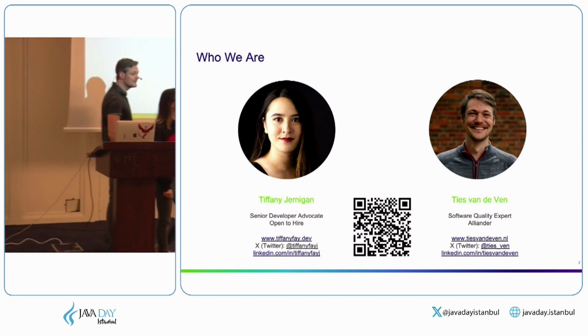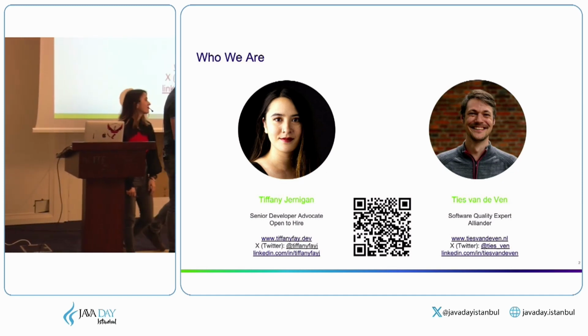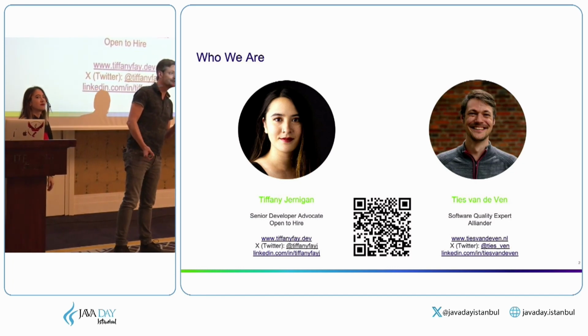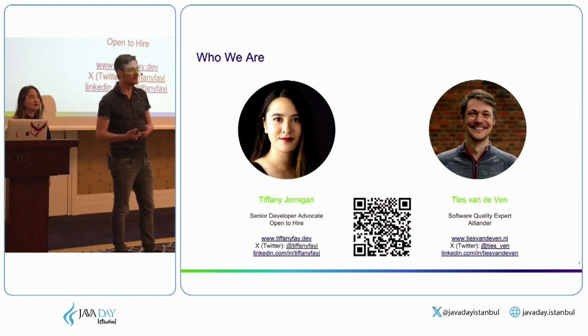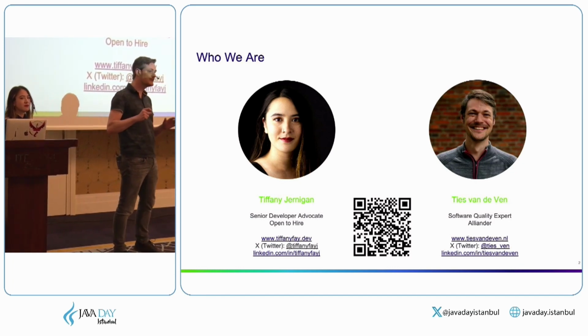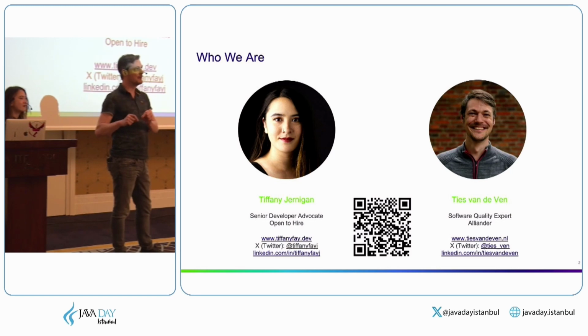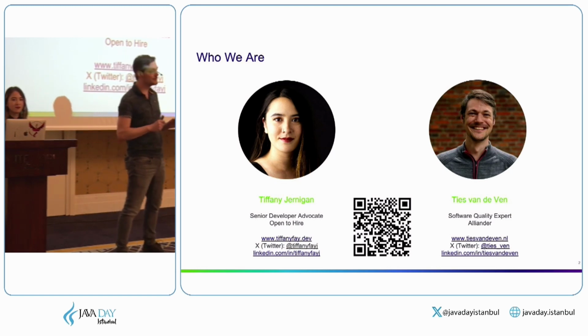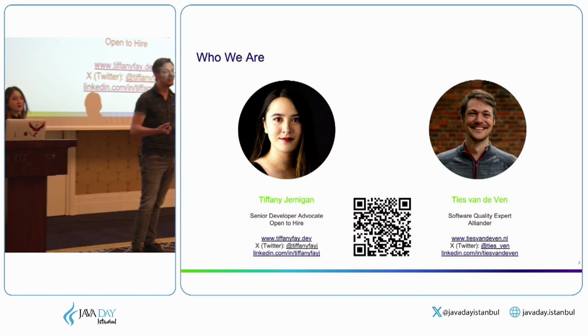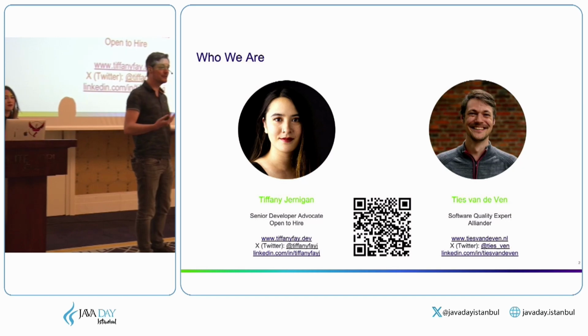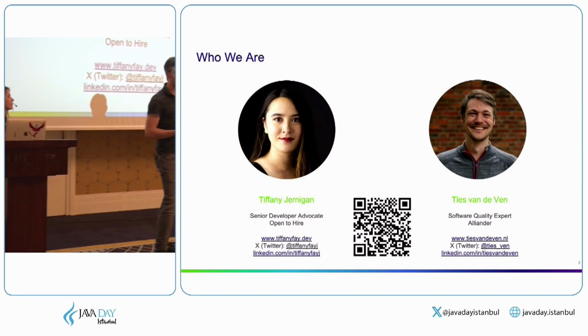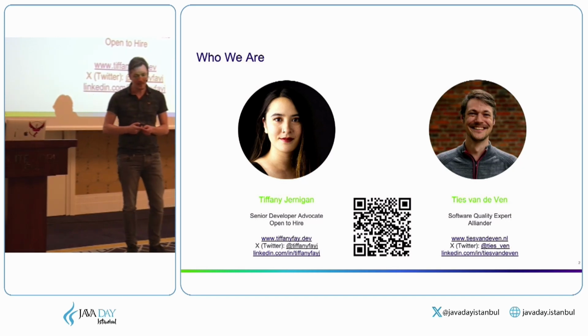And I'm Ties van de Ven. I'm from the Netherlands, working at a company called Eleander, which is a Dutch power grid operator that operates about a third of the Dutch power grid. That doesn't exactly sound like a software engineering company, but in practice we have about 1,200 developers and 200 teams working on software there. And it's my job as a software quality expert to help improve the quality of the software within the company, which is a pretty cool job, and I get to call myself expert, which is pretty nice as well.